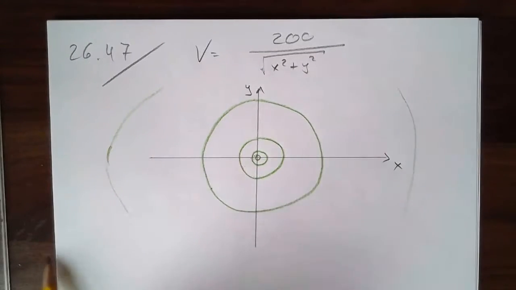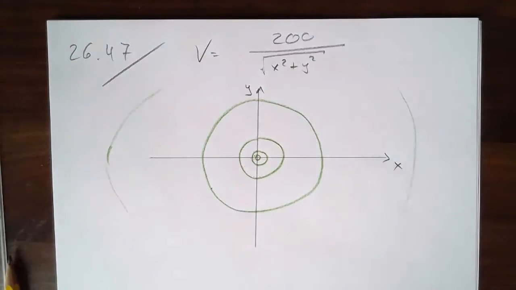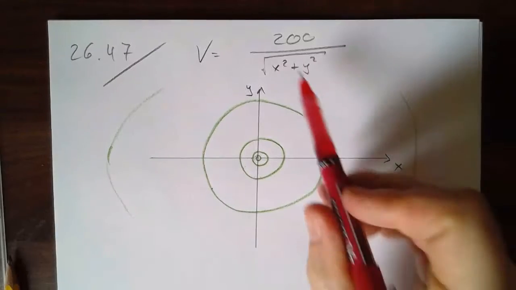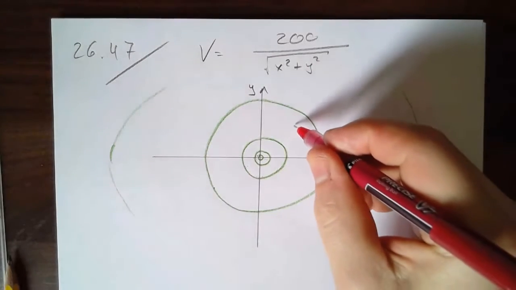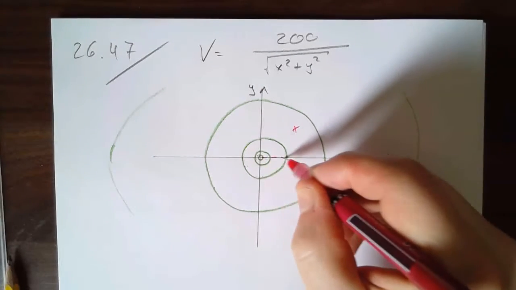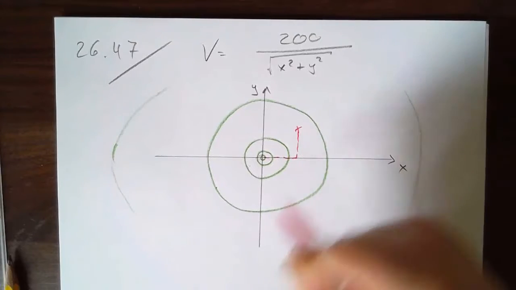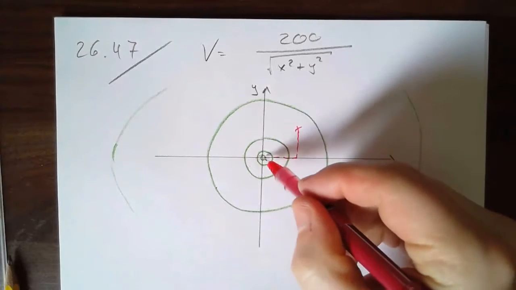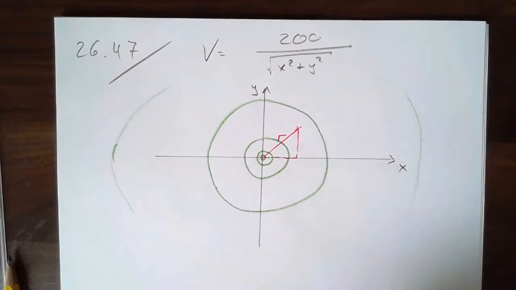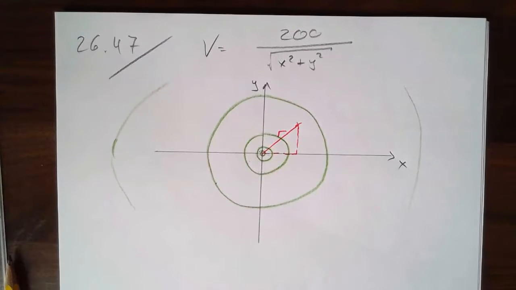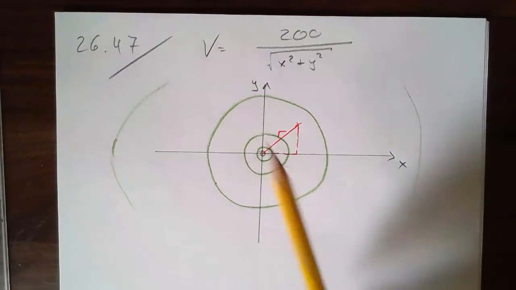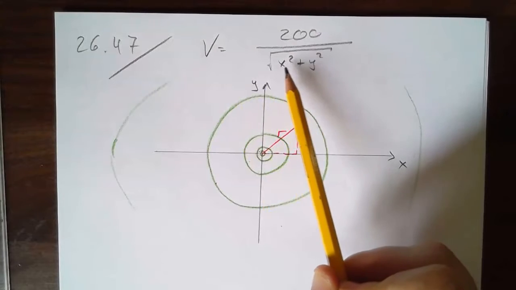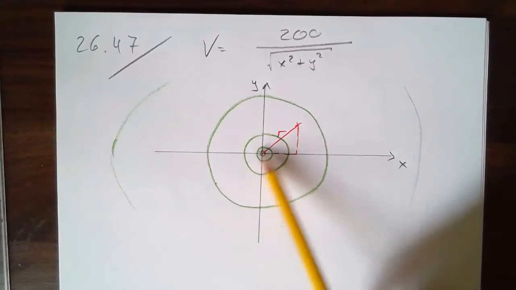Now, if you're paying attention, you probably noticed that x squared plus y squared, take the square root, right? If I have some point here, then x squared plus y squared, the square root of this is just the distance, the radius from the origin. What this tells you is that this function is the same as long as you're the same distance from the origin.